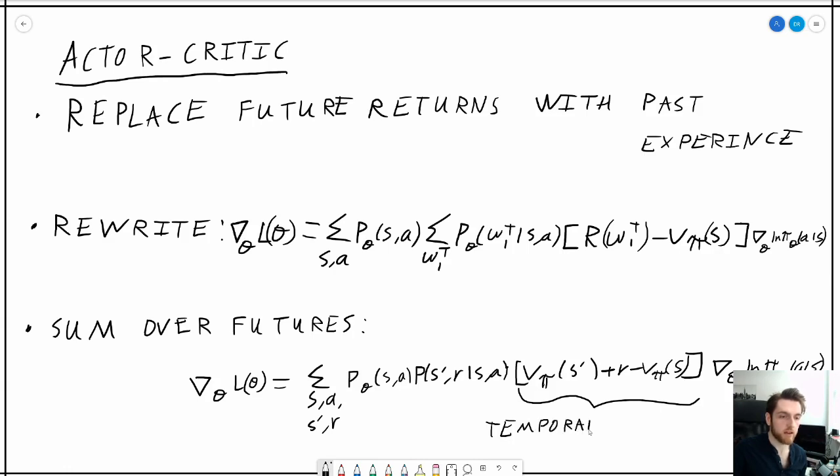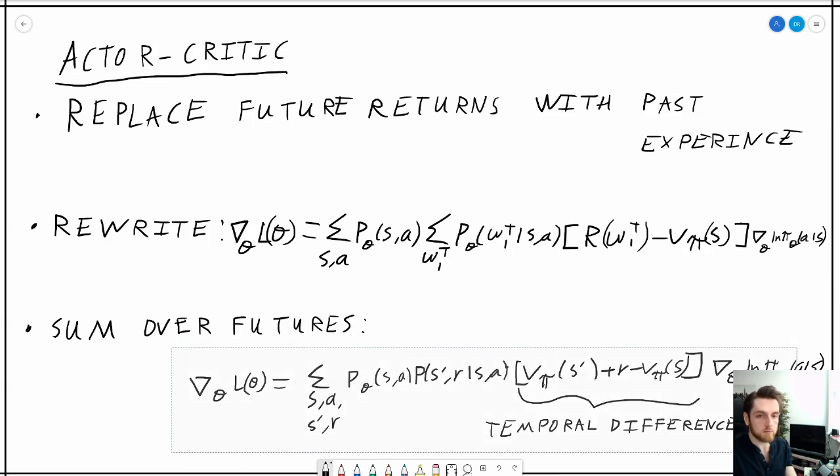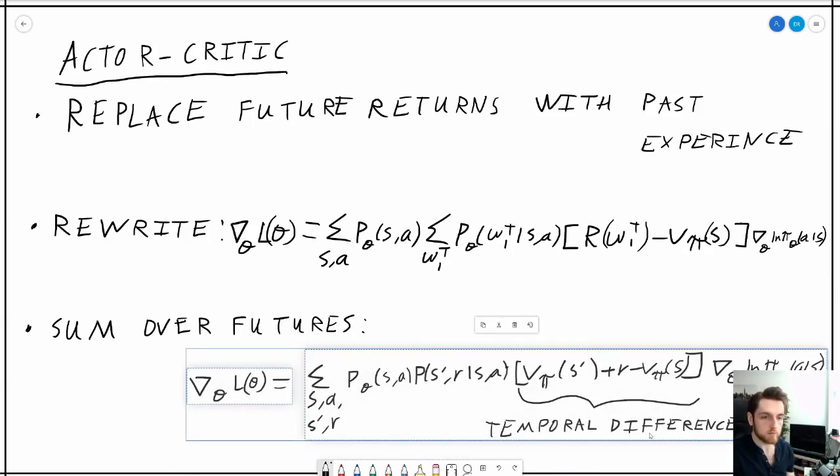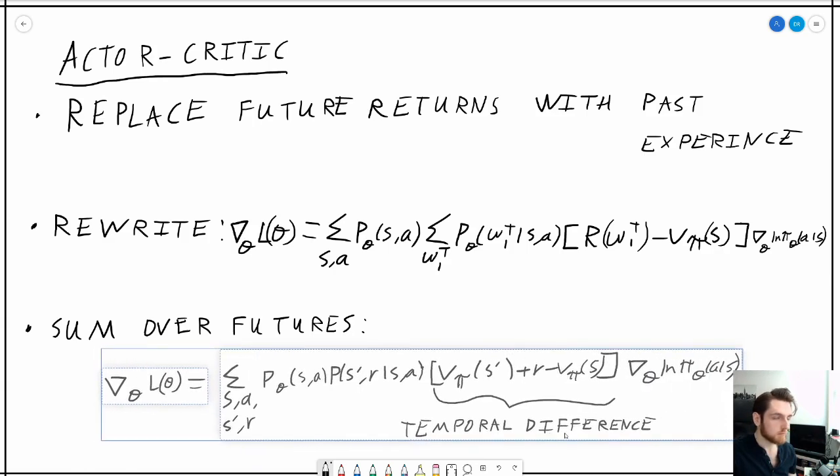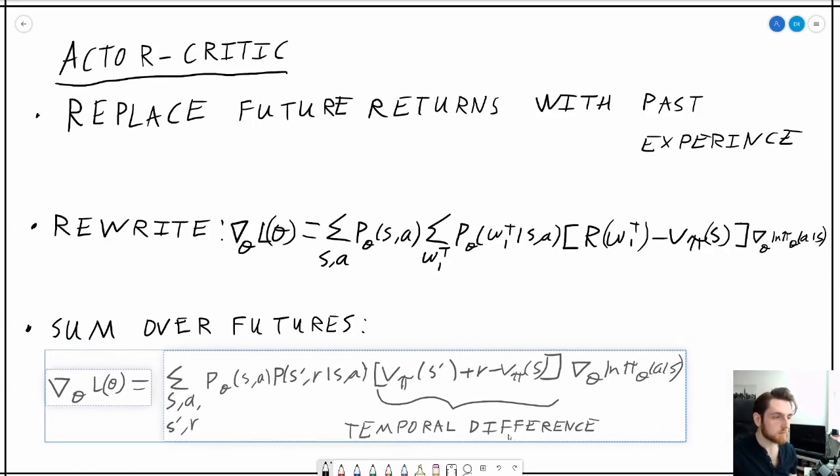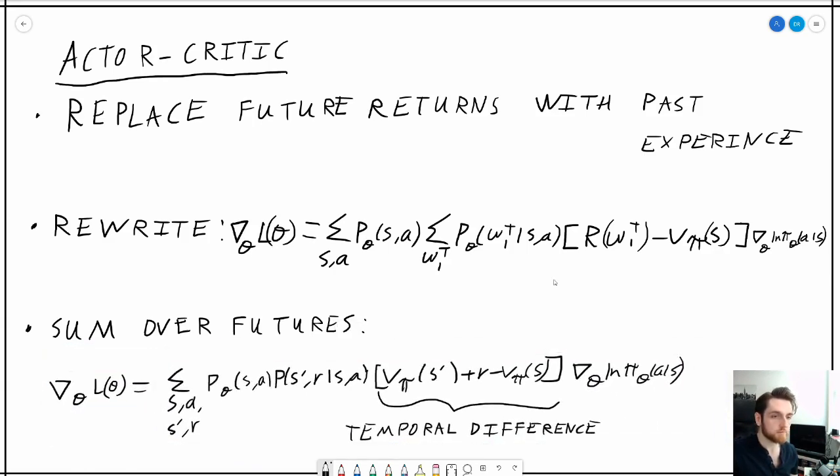I'll just move that equation up from behind the camera in a second. Okay. And then this temporal difference is sometimes just labeled the temporal difference error, sorry.